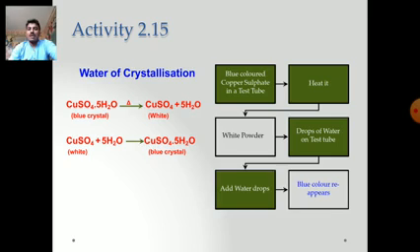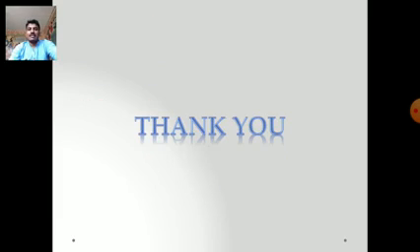This is CuSO4 with 5 moles of water, the blue crystals. When lightly heated, CuSO4·5H2O is converted into white CuSO4 plus 5H2O. The white powder, CuSO4, plus 5 molecules of water is converted back into CuSO4·5H2O, blue crystals. Thanks, students.